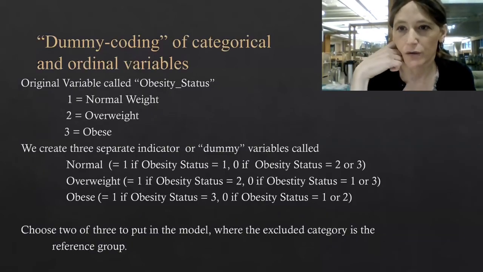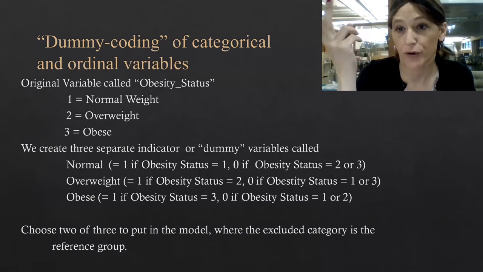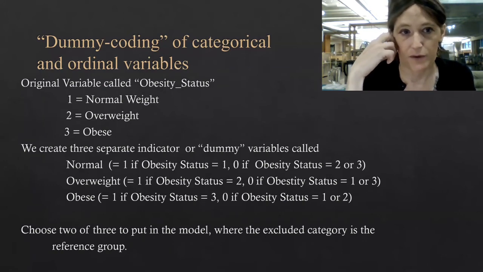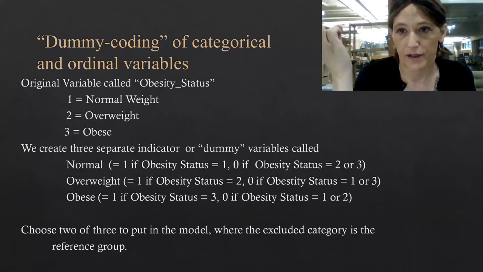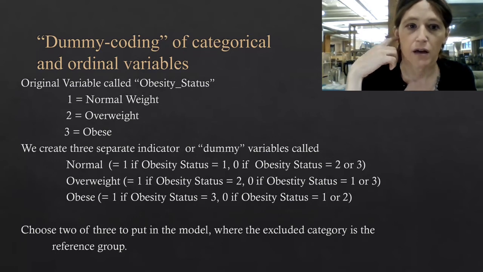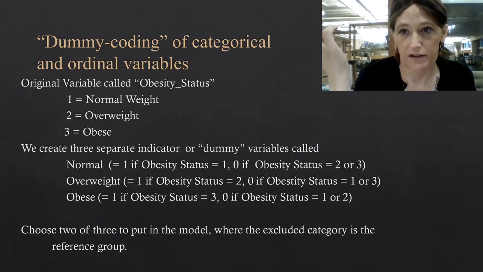We can also do what's called dummy coding of our categorical variables. If we had more than 2 values and didn't have a dichotomous measure, we could take, let's say, a variable called obesity status that was 1 equals normal weight, 2 equals overweight, 3 equals obese. That was just how it was coded in the data set. What we would do is create 3 separate indicator variables representing membership in each of those 3 categories.